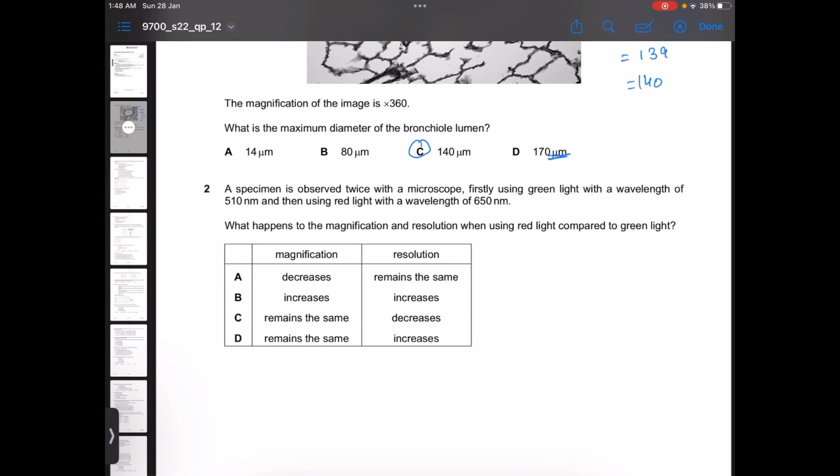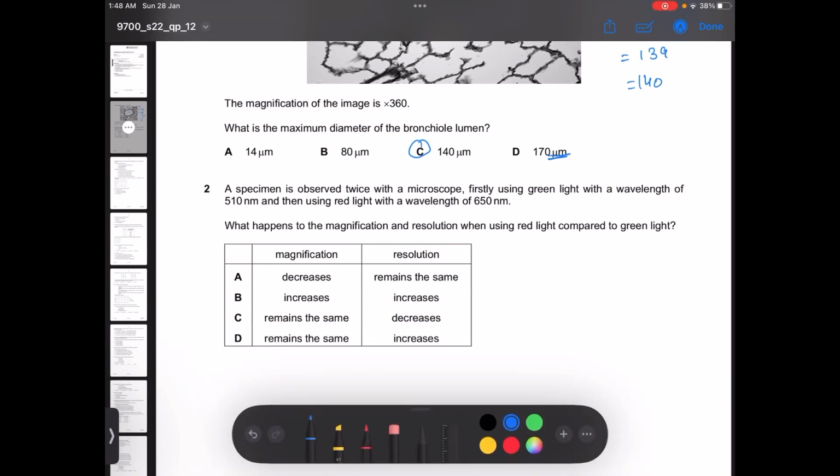If the wavelength is more, the resolution will be less, so basically they are inversely proportional. Here the wavelength of red light is greater than the green light, so the resolution of the red light will be less than the green light.